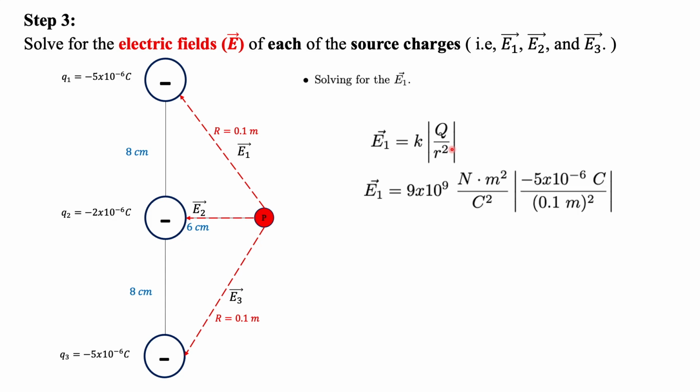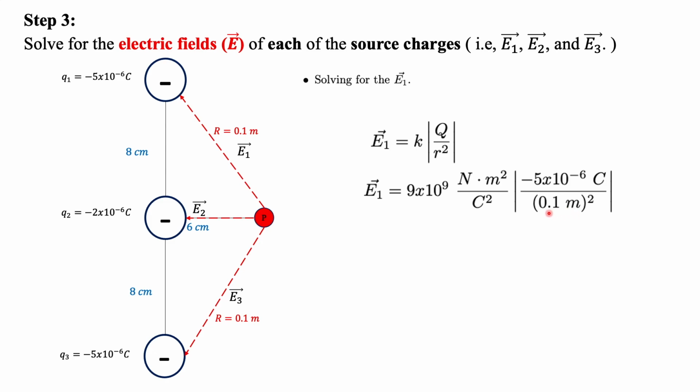The K is just a constant with a value of 9 times 10 to the 9 newton meter squared per coulomb squared. And then you multiply it by the absolute value of the charge, which in this case, the source charge is negative 5 times 10 to the negative 6 coulomb. And then you divide it by the separation distance.